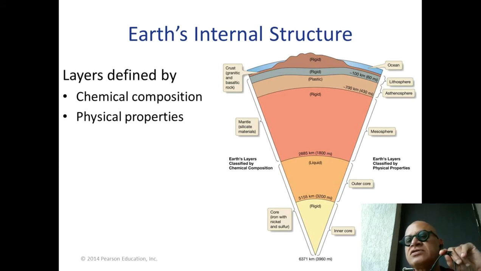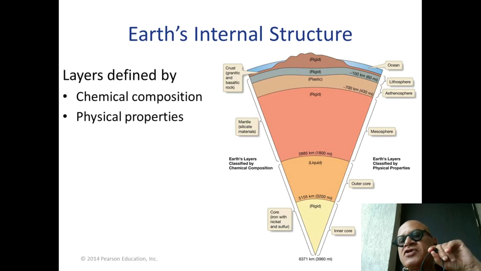Then you have the lithosphere, which is rigid. It's brittle, so it breaks if you bend it too much, which is what forms the continents that are floating around on the so-called asthenosphere, which is hot and plastic, so it flows like molasses.